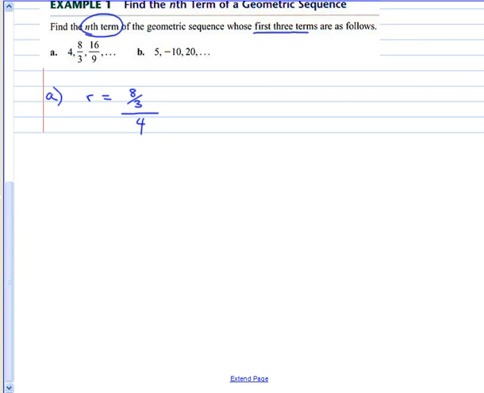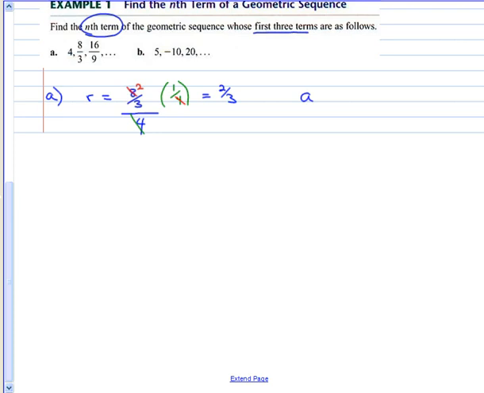So instead of dividing by the 4, we do the math by multiplying by the reciprocal of 4, which is 1/4. Well, this would reduce. 4 goes into 8 twice, so multiplying it together would give me a common ratio of 2/3.